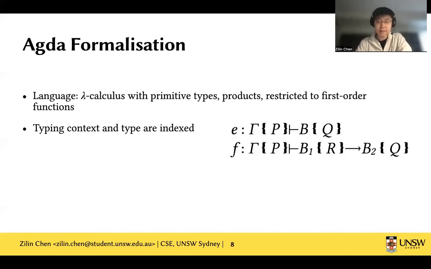So E and F are the Agda syntax for the object language terms. And on the right-hand side, they are the types of these two terms.